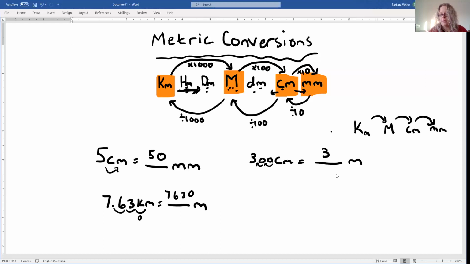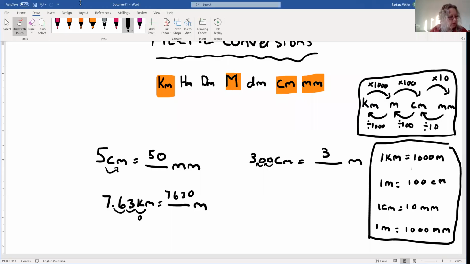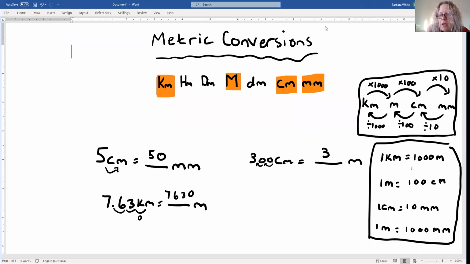You can use the caterpillars, the caterpillar that you get in the book. You can use a table like this that tells you how many of one unit there is in another kind of unit. Or you can just draw this, and I don't even draw all of that.